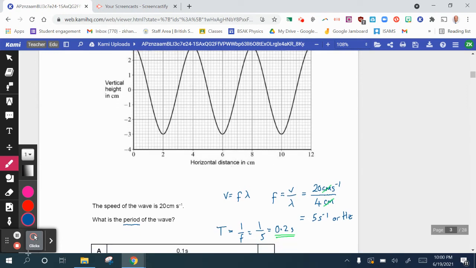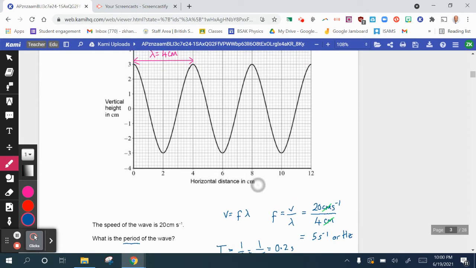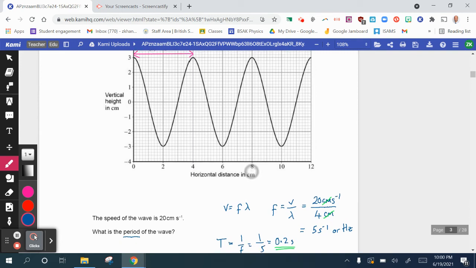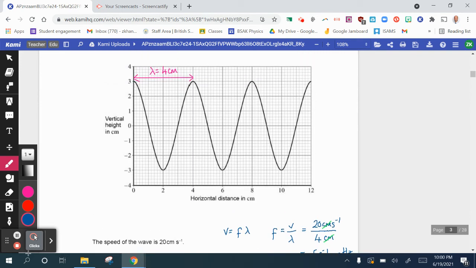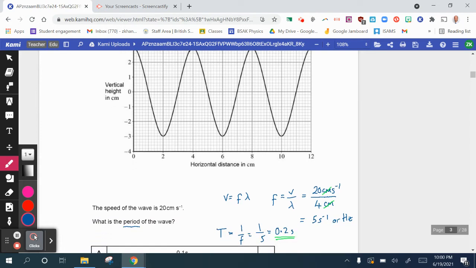So time period is 1 over the frequency, but we don't have the frequency. We have the speed, and we can look at the graph and see the wavelength. So therefore we'll use the wave speed formula. Wave speed equals frequency times wavelength. Rearrange that, find the frequency. So it's the wave speed, which is 20 centimeters per second divided by 4 centimeters.